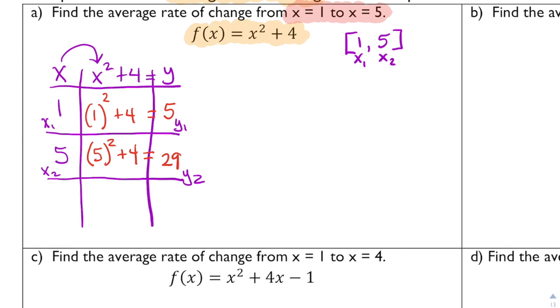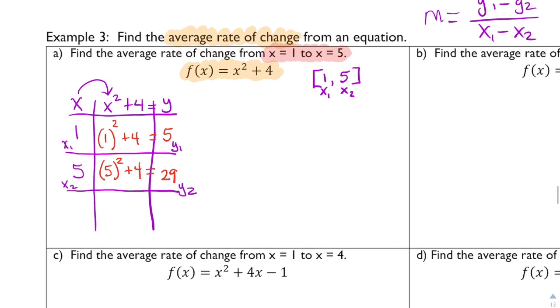Now from here, once we have that, we want to find our average rate of change, and we have our equation up top. If you look at the board, I'll highlight it. So we're going to just plug in our y values, where our y1 is 5. We're going to subtract our y2 value, 29, from that, and then put our x values, that's x1, so 1, minus our x2 value, which is 5.